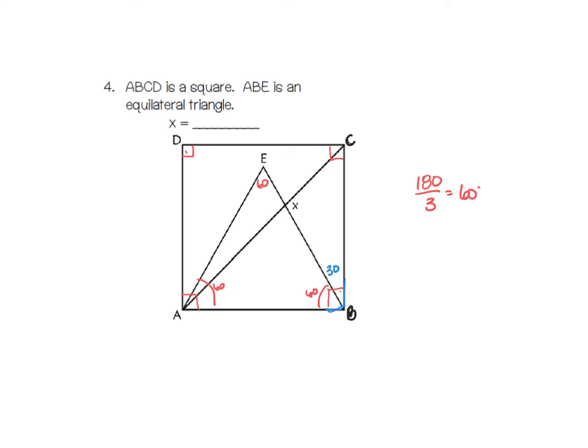The other thing I see is since we have a square, AC is a diagonal. So remember with squares and rhombi, the diagonals bisect the angles. That means that this has to be 45 and this has to be 45. Okay, now I can focus on just this triangle. And I can take 180 minus 45 minus 30, and I'm going to get 105.